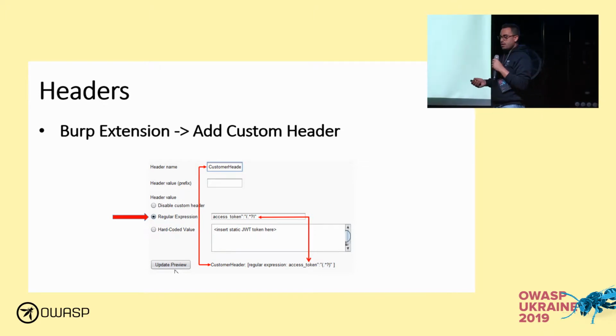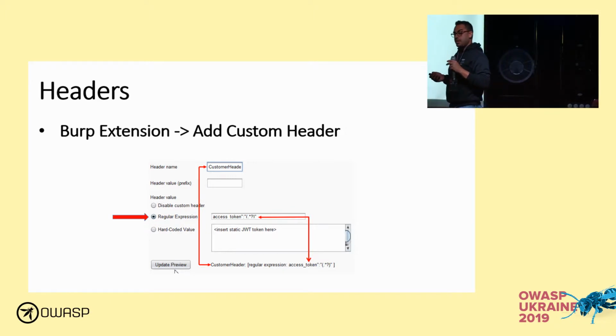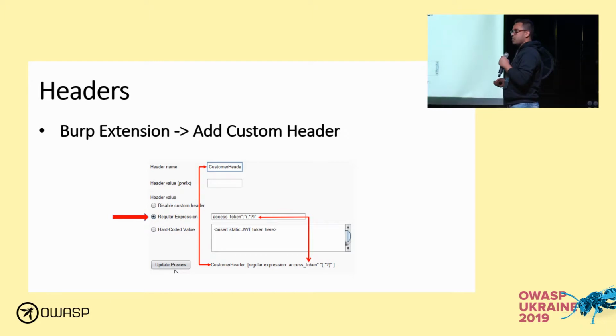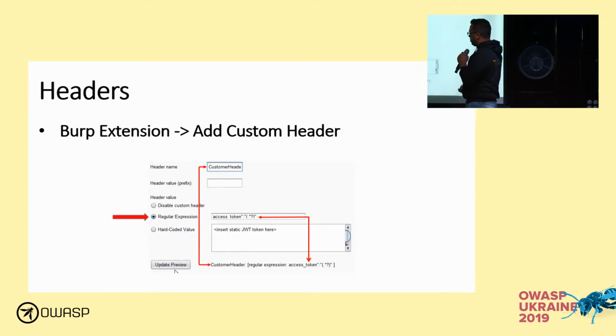For our case, we have to use a regular expression. I'm going to show you how to do it easier, and later how to get this regular expression. You can click update preview, and you can see how your header is going to be. Good? Easy?